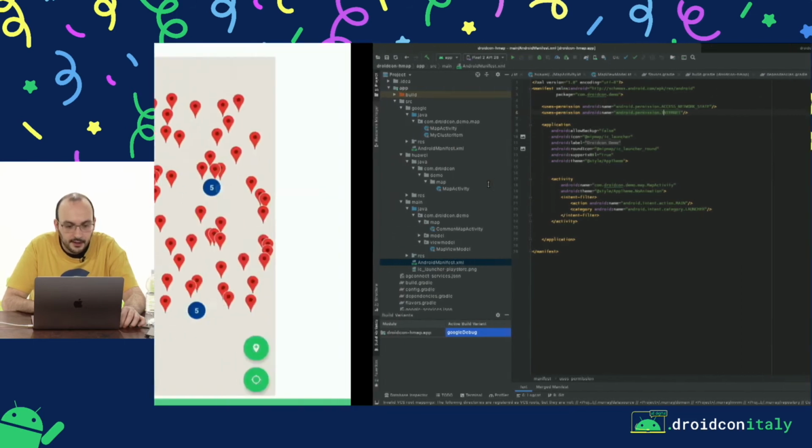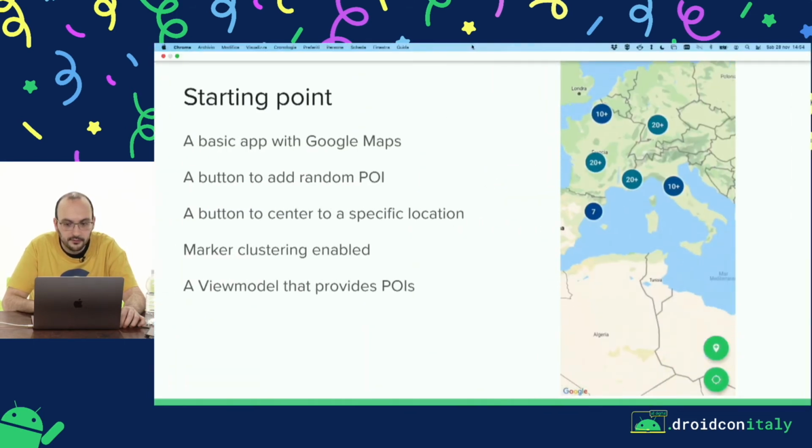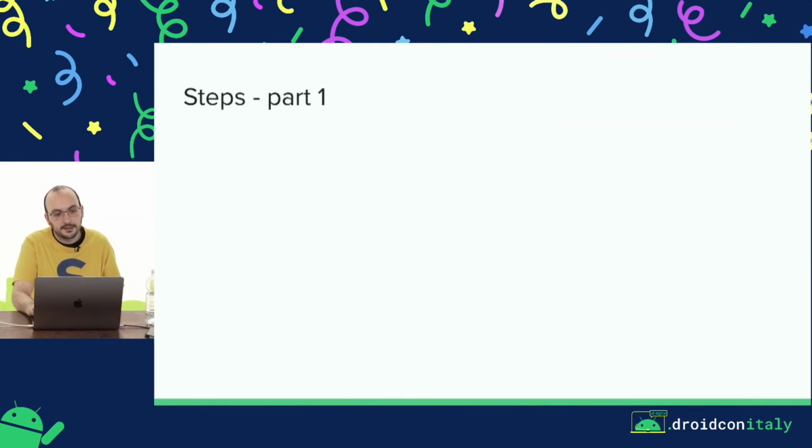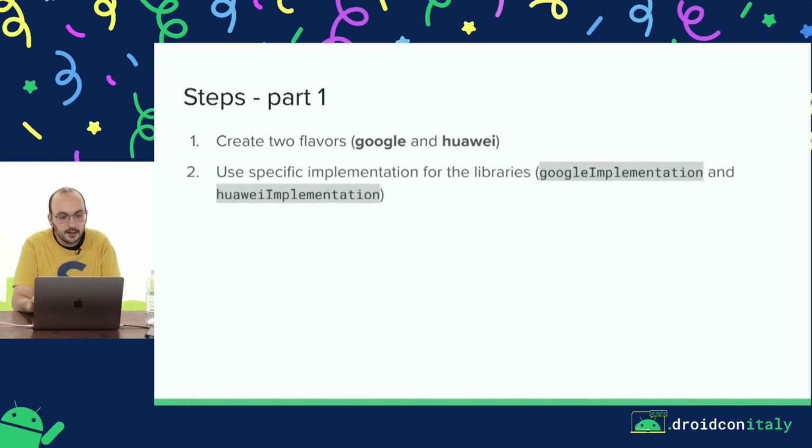And I just want to wrap up on this. So let's see the steps that I made here one by one. The first step is to create two different flavors, the Google and the Huawei one. The second one is to use a specific implementation for the libraries so that we don't add the unused library on the two platforms.